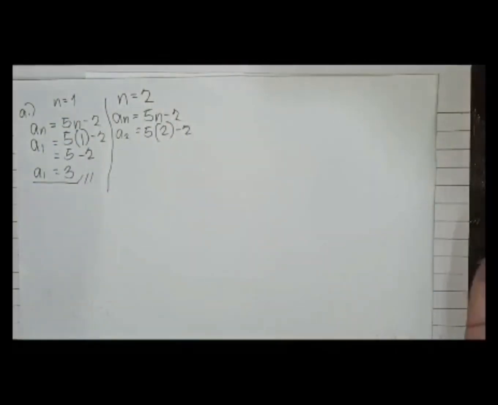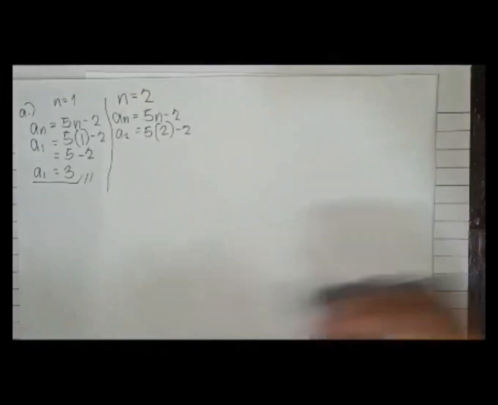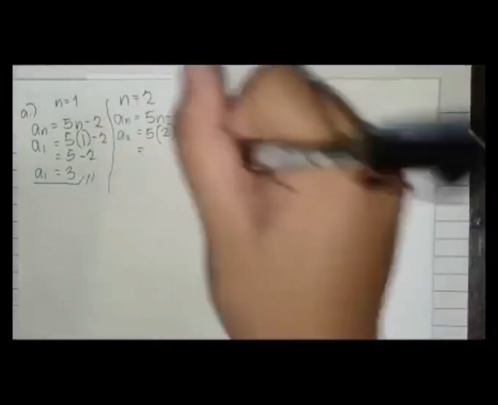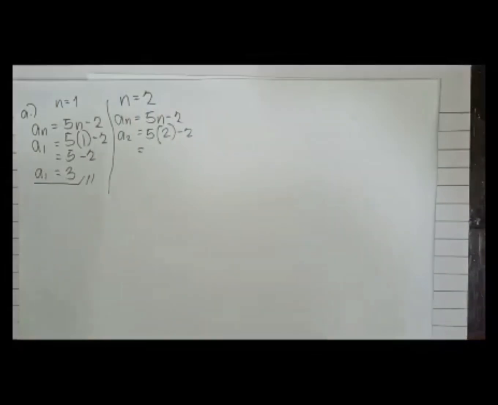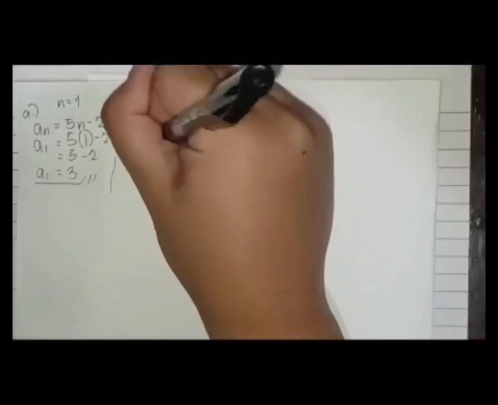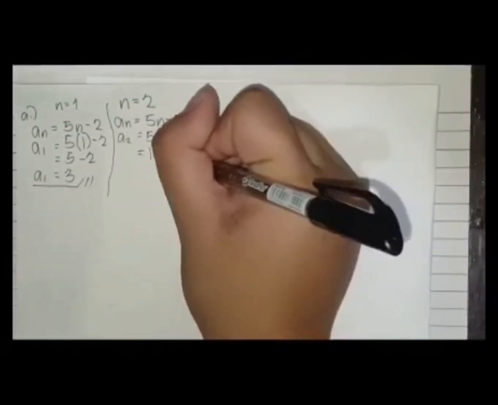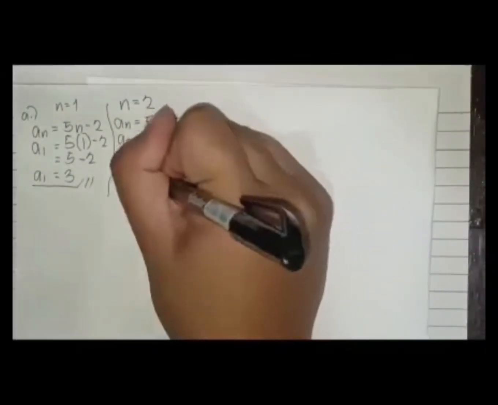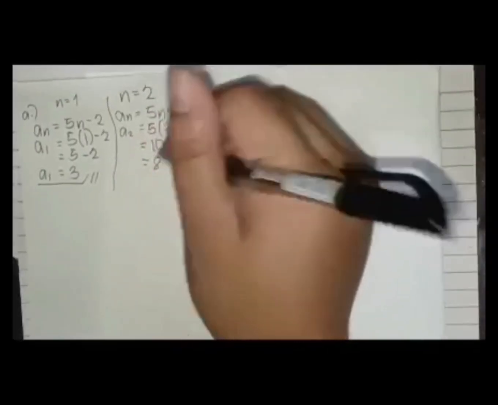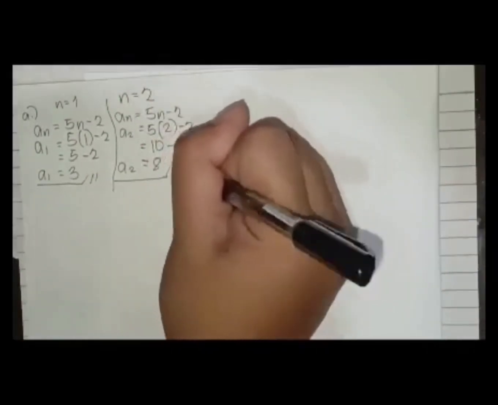Just the same, I substitute the value of our n, which is 2, into the formula. So, 5 times 2 is equal to 10. So, 10 minus 2 is equal to 8. So, the value of our second term is 8.